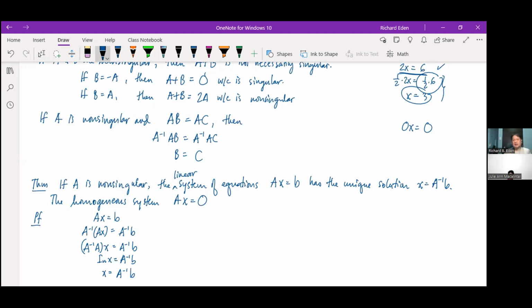But done the same way, the same conclusion should apply. There is a unique solution, which would be A inverse times the column vector of zeros. When you carry out that multiplication, you have n by n times n by 1, the result is going to be n by 1, a column vector. What would be the entries of the product?